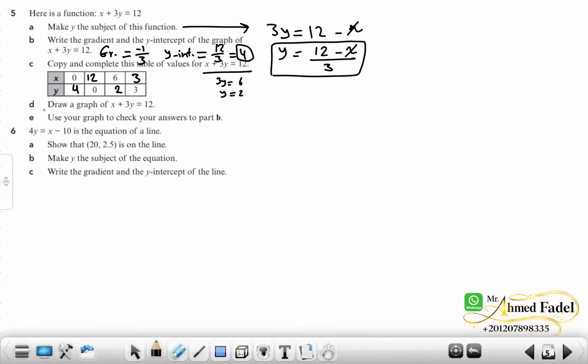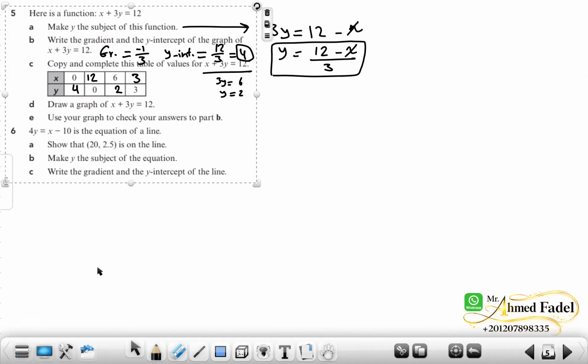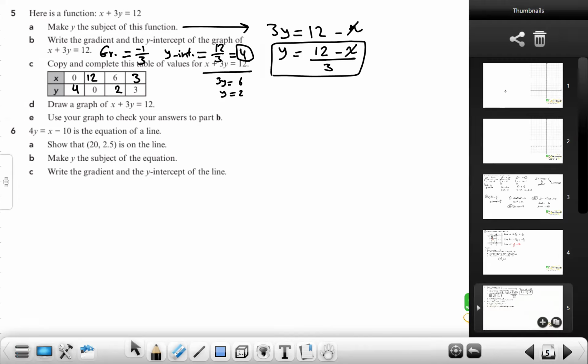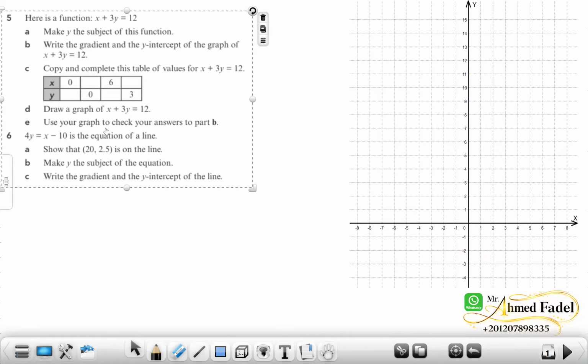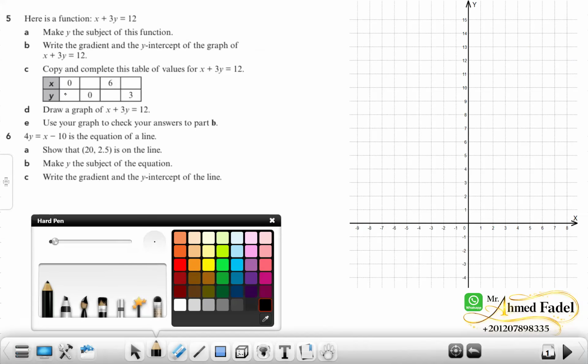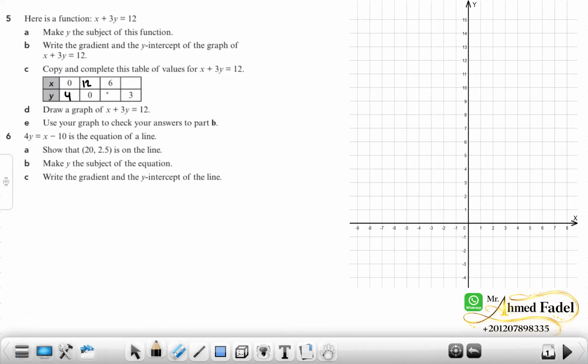Now draw a graph of x plus 3y equals 12. I'm going to take this question to another page where I can draw the graph. We said this is 4, 12, and the other values.